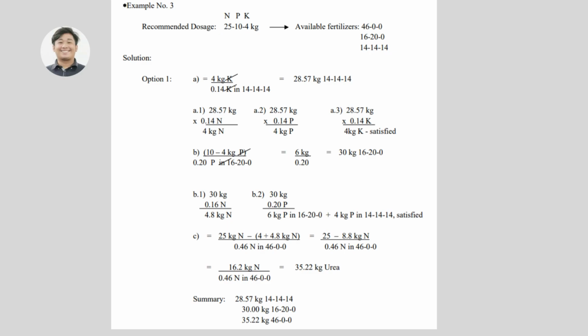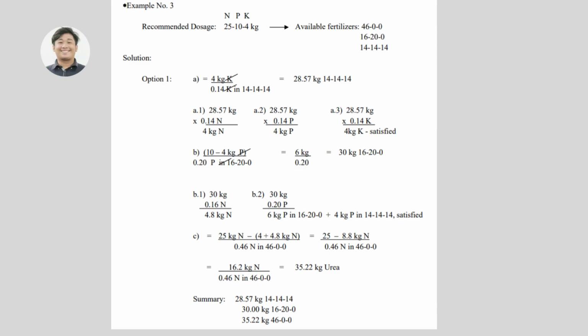So we'll solve the nitrogen and phosphate in the 1620 bag. 30 kilograms times 0.16 is 4.8 kilograms of nitrogen, and 30 kilograms times 0.20 is 6 kilograms of phosphate in 1620 plus 4 phosphate in 14-14-14.